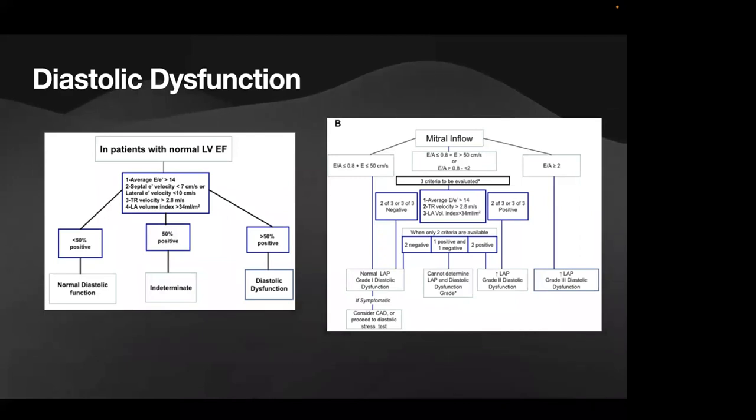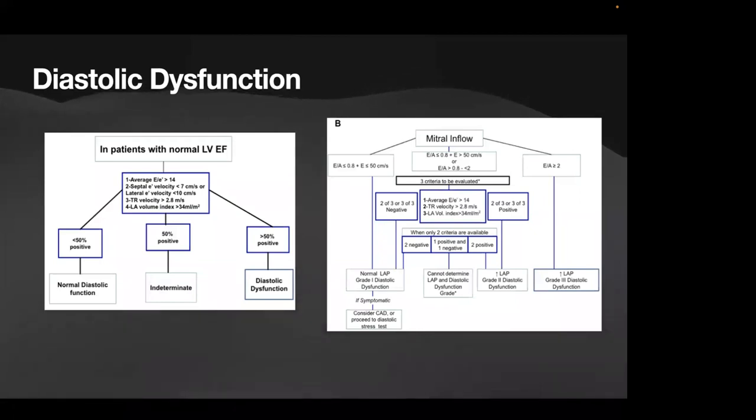So if you have somebody with LVH and their E over E prime is greater than 14, and you don't get a TR and the LA isn't big, I think some people would say they probably have diastolic dysfunction. LA pressure we may not be able to comment on, but we can say they have diastolic dysfunction. Comments on that?